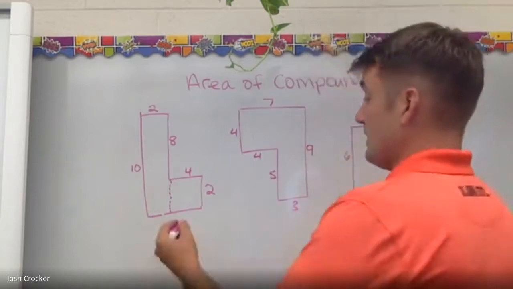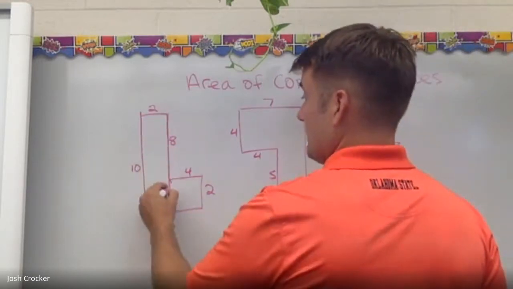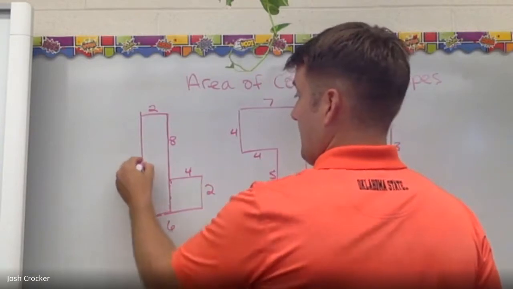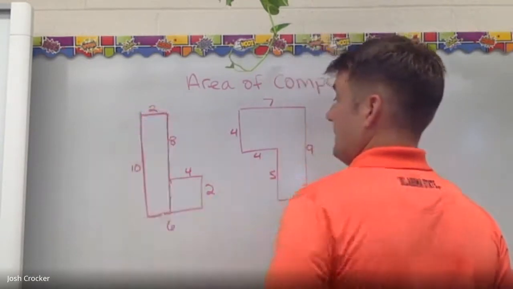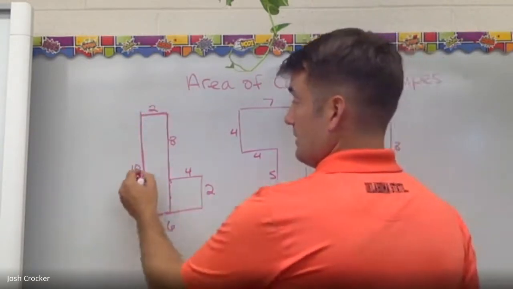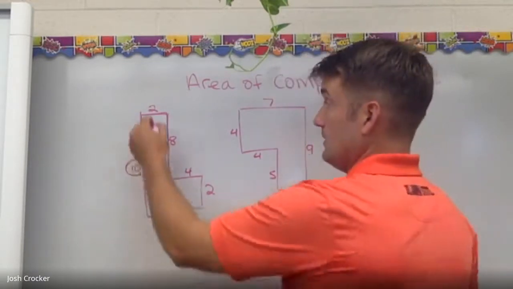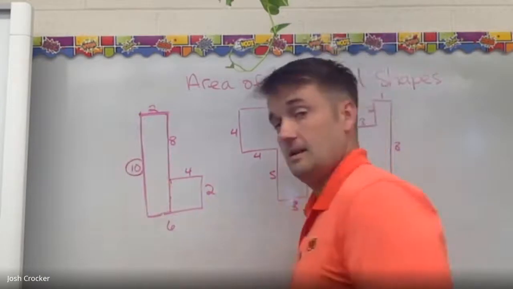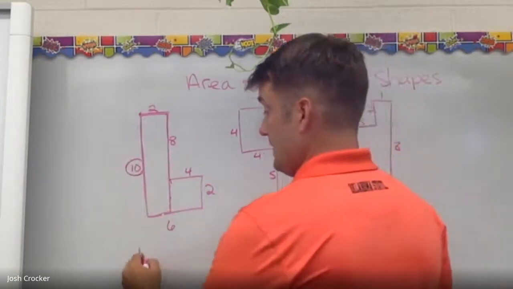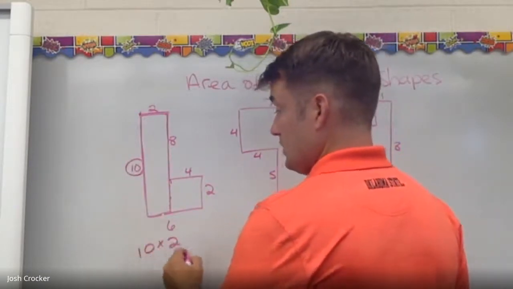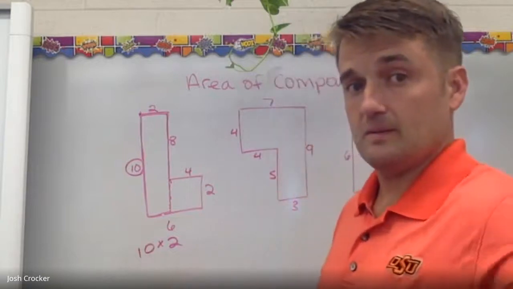So this tall, skinny rectangle, its sides are 10 and 2. That is a 10 by 2 rectangle.